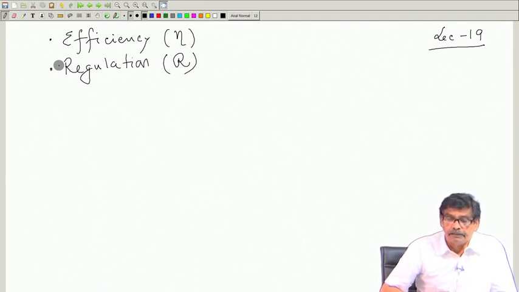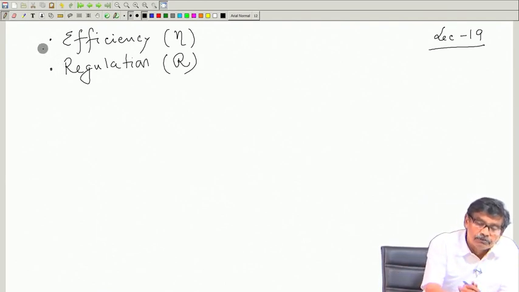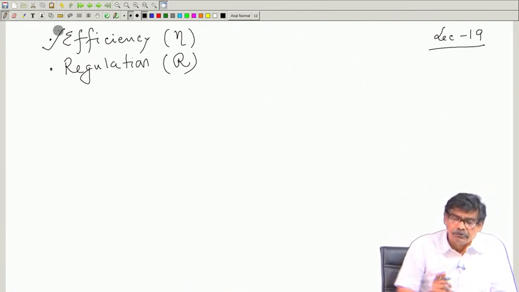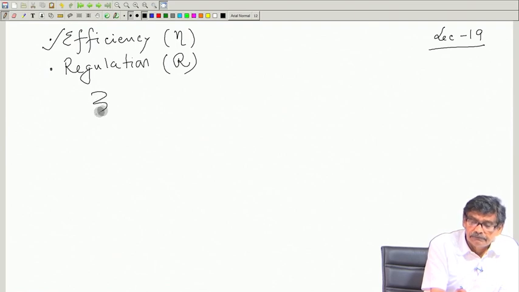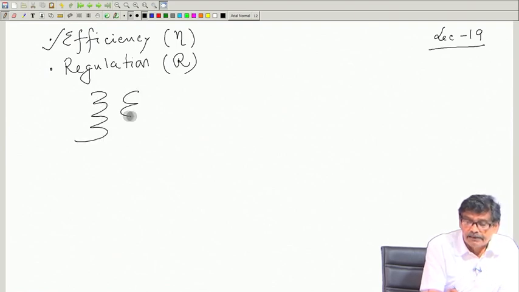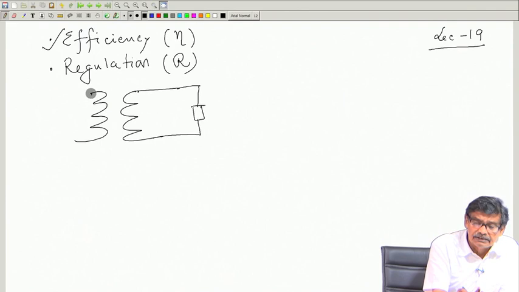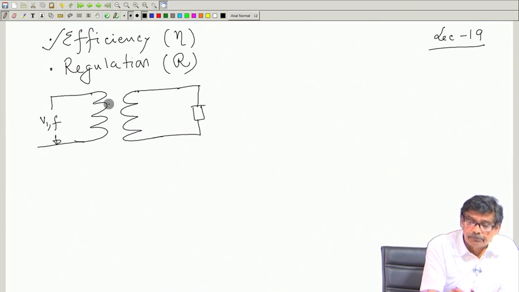But listen to me very carefully. First I will take up efficiency. So, a transformer, as I told you, will be operating with load connected, not under open circuit or short circuit, and here you apply rated voltage and frequency during its operation.